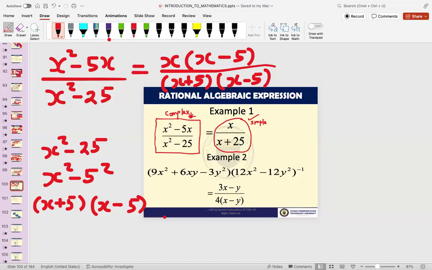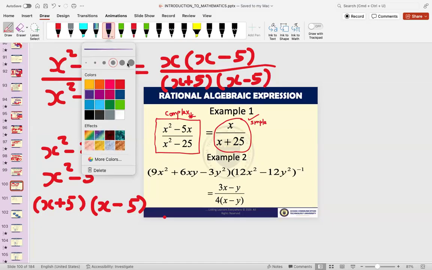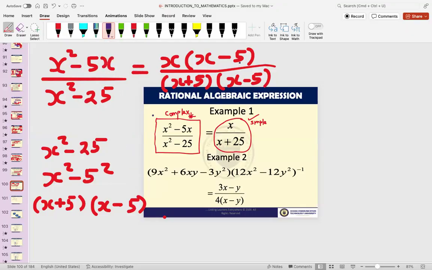Let's see whether there are some common things in the numerator and the denominator. So look at it, x minus 5, x minus 5. This x minus 5 will cancel this x minus 5 because one is up and the other is down, so they can cancel themselves. And then finally, we'll be left with x alone on top, sitting on x plus 5 below.